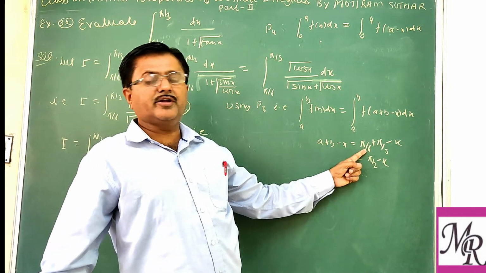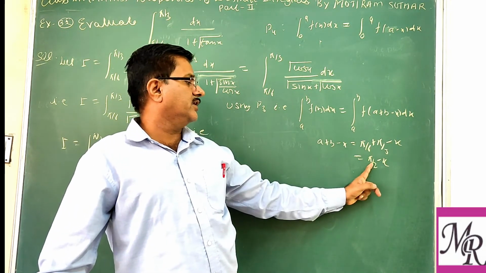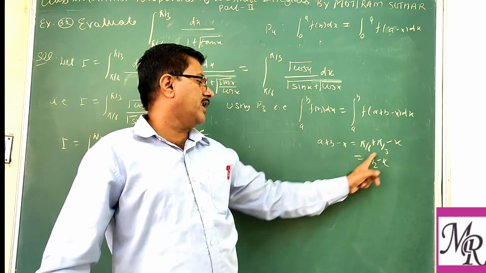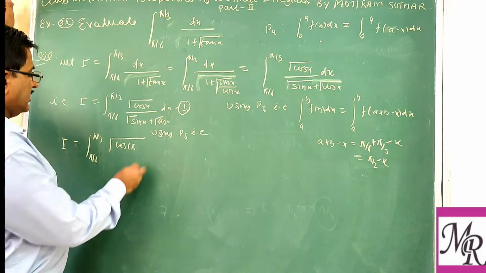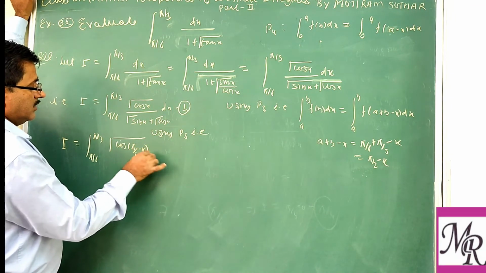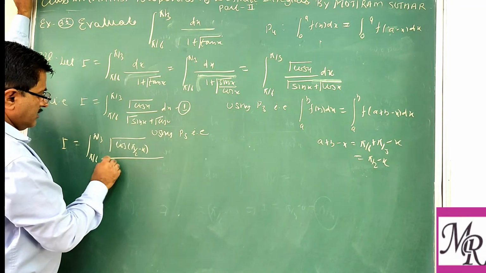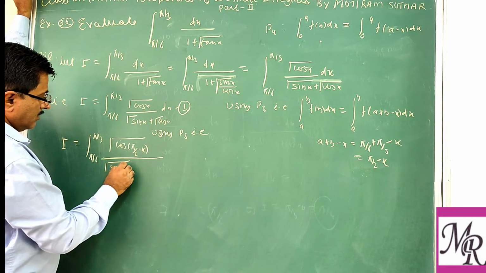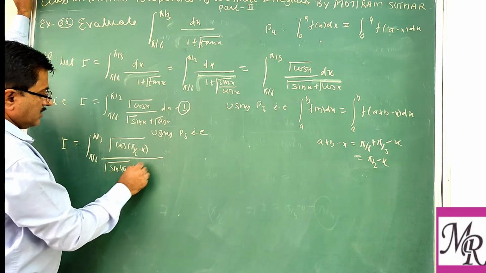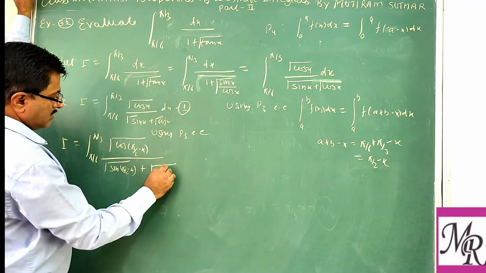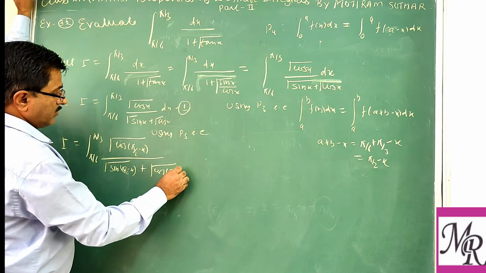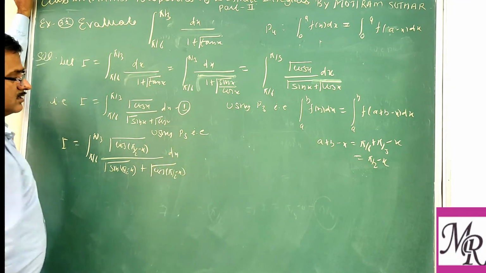Pi by 6 is 30 degrees plus 60 degrees, that is 90 degrees. So I write directly pi by 2 minus x. In the denominator also we use sin of pi by 2 minus x plus cos of pi by 2 minus x, dx.